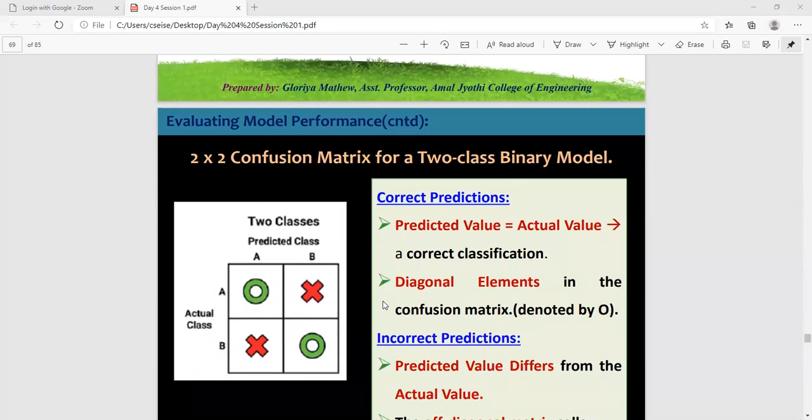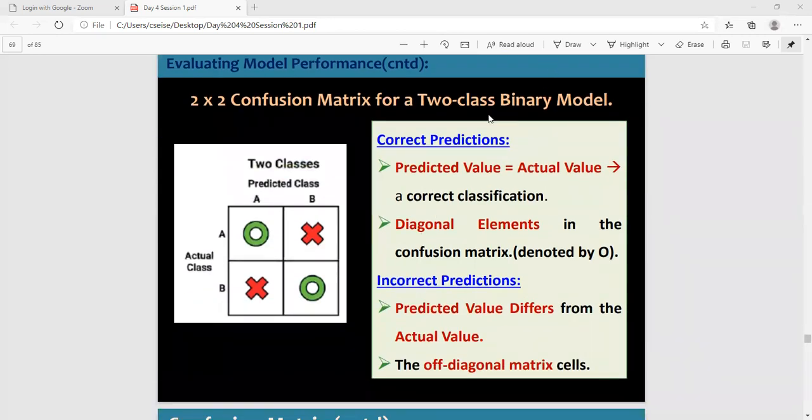Now how do you evaluate the model performance? We use a 2 cross 2 confusion matrix for a two-class binary model. Correct predictions: the predicted value is equal to the actual value. It is a correct classification. The diagonal elements in the confusion matrix denote this.